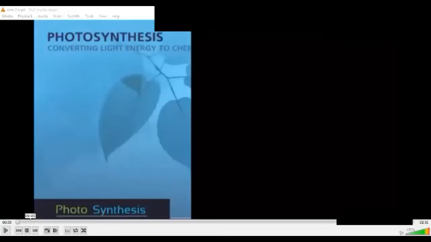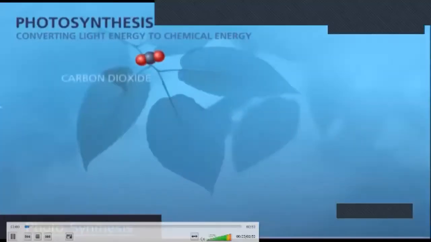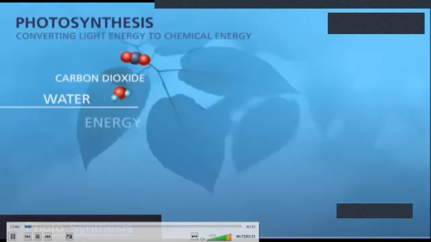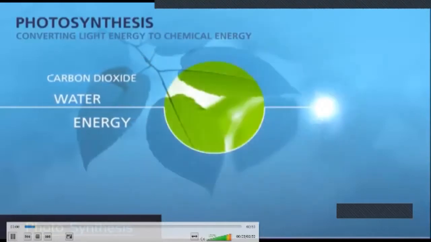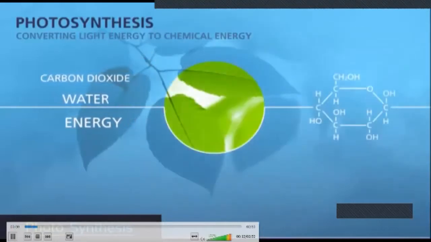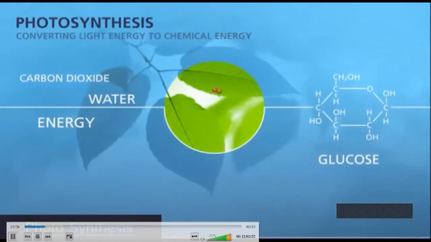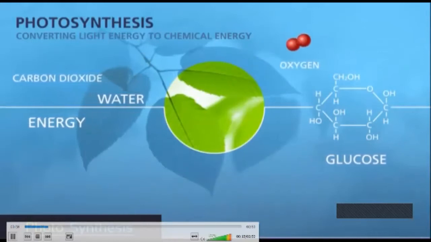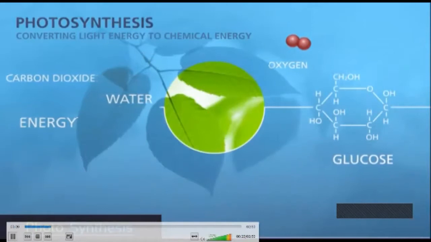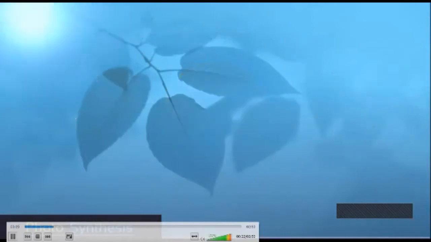So, just view that. In order for plants to grow, they need inputs of carbon dioxide, water, and energy. The chemical process by which plants use these resources to manufacture glucose, the building blocks of plants, is called photosynthesis. In the process, oxygen gas is produced as a byproduct. The energy for photosynthesis originates in the sun and arrives at the earth as sunlight.